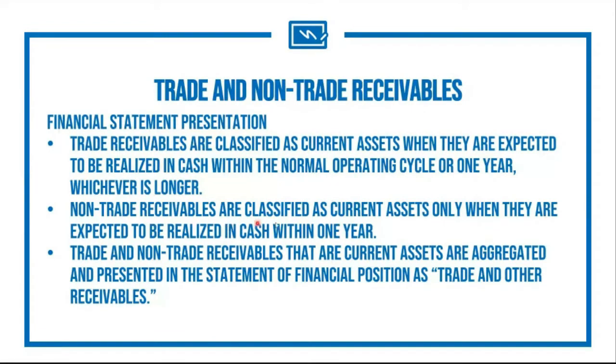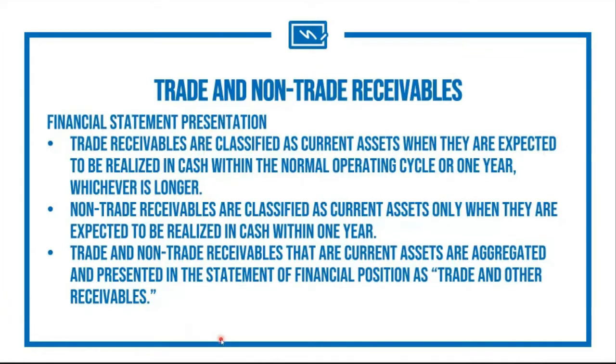For non-trade receivables, yun, 1 year lang talaga. So, any receivable or any non-trade receivable that is collectible within 1 year will be treated as current, while non-trade receivables that are collectible beyond 1 year, they will now become non-current or long-term na sila. Okay. Yan. So, trade and non-trade receivables that are current assets are aggregated and presented in the statement of financial position as trade and other receivables.